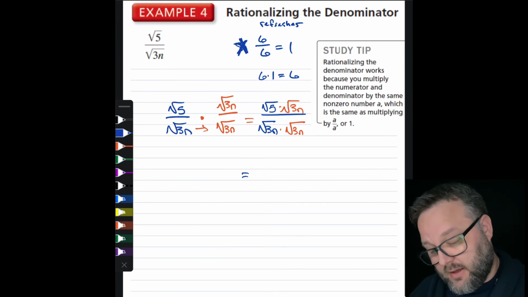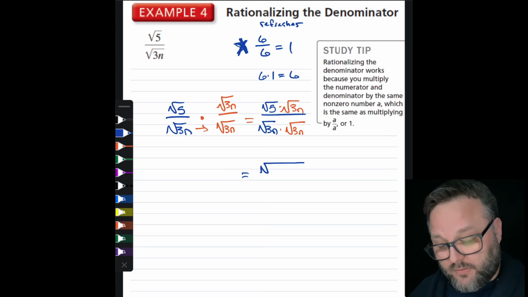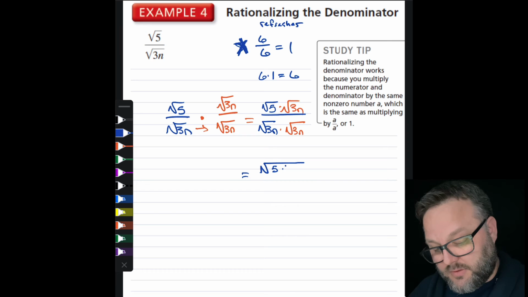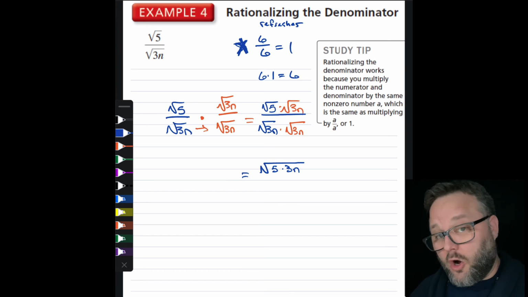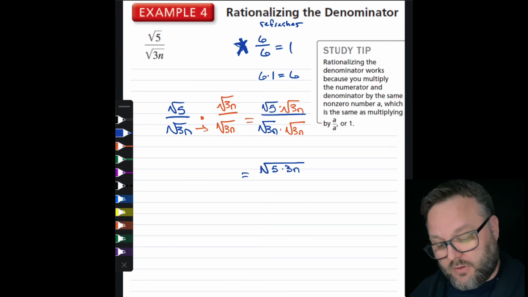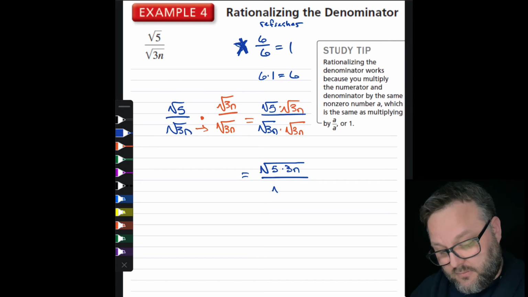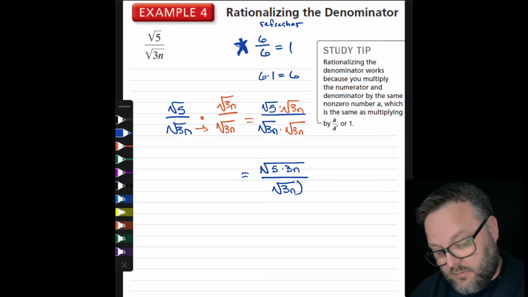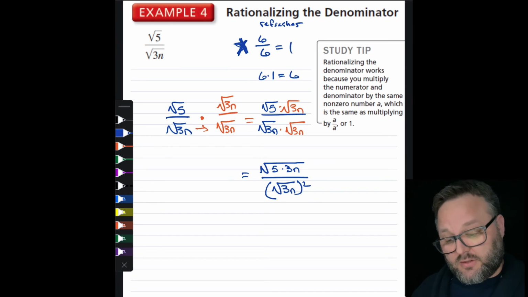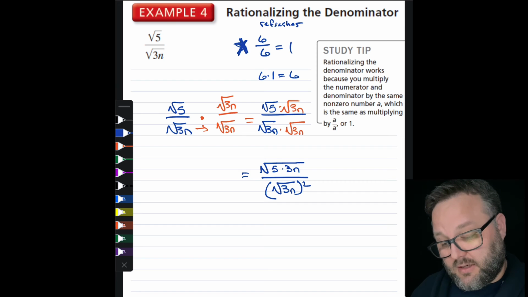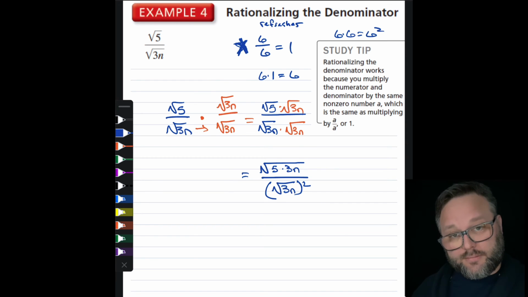What I mean by that is, I can take this square root of 5 and the square root of 3n and just say the square root of 5 times 3n, all under the same square root or radical sign. Now down here, anything times itself is squared. It's the definition. So again, the refresher is anything times itself is itself squared.